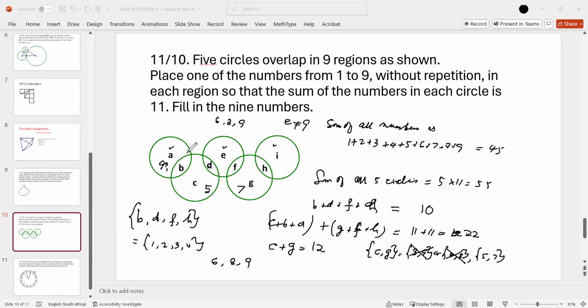Instead of doing all that, that's too complicated. I could have just done it like this. Let me get rid of all these marks that I've made and focus on this.